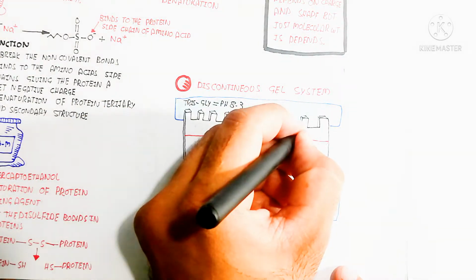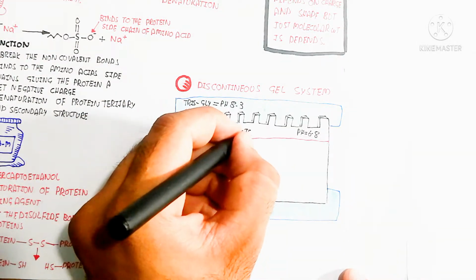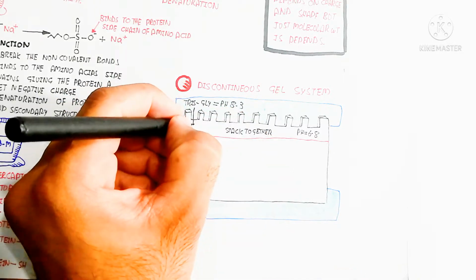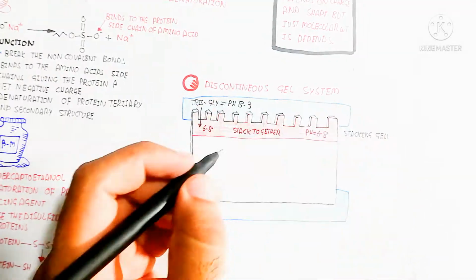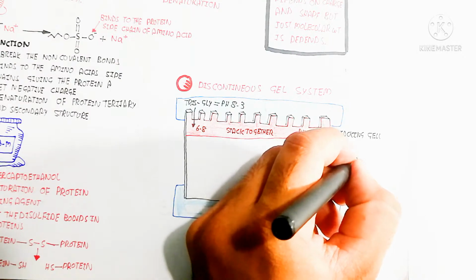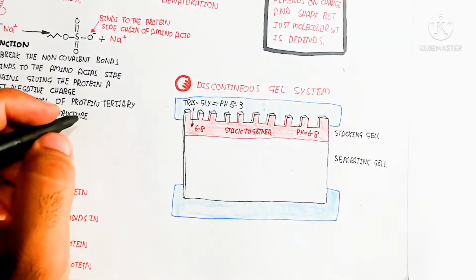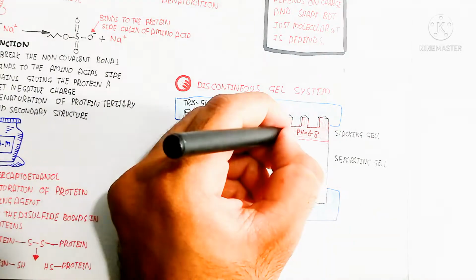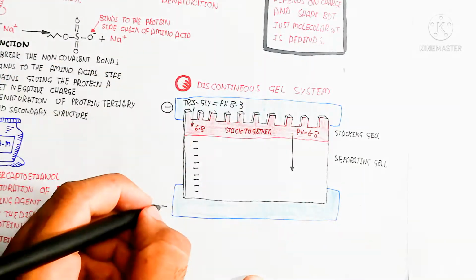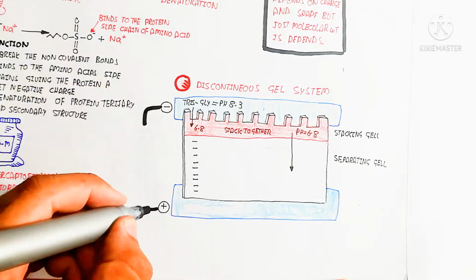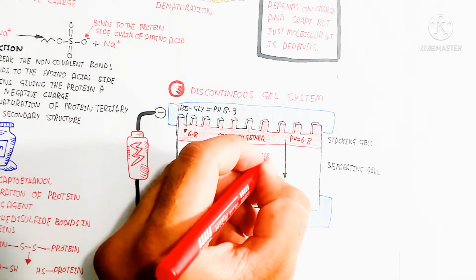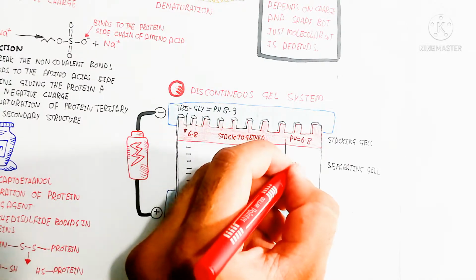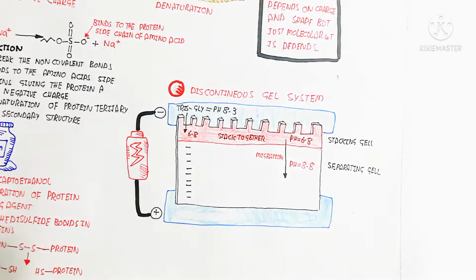The discontinuous gel system contains many types of buffer. The blue color shows the Tris-glycine buffer with pH 8.3, which is basically the migratory buffer. This migratory buffer is used for the migration of the protein, and it maintains the pH in the separating gel and stacking gel.